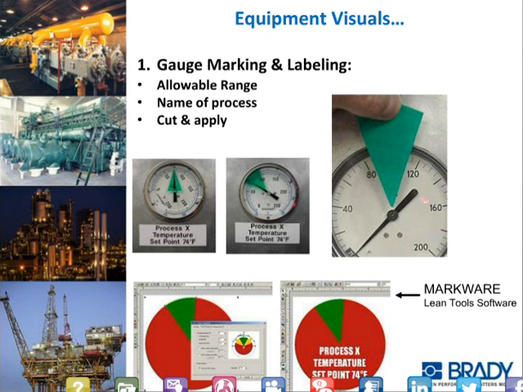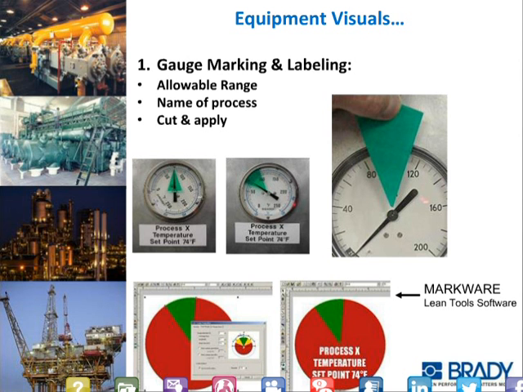And you can custom print those on the Brady label machines with this Markware software down below. You can actually put marks in there for the set point and the range. In the green range, you can put a mark in the software. And on the transparent labels up above, in the green, you can actually put a mark on there.